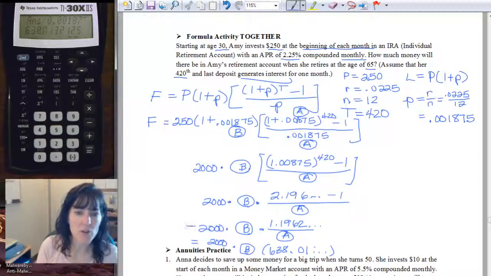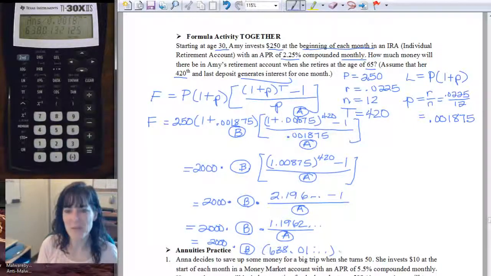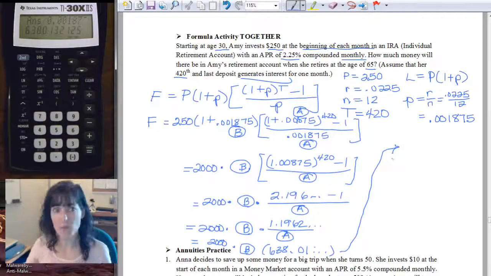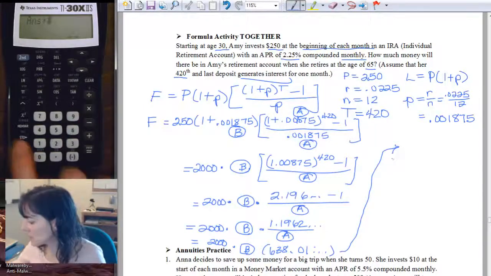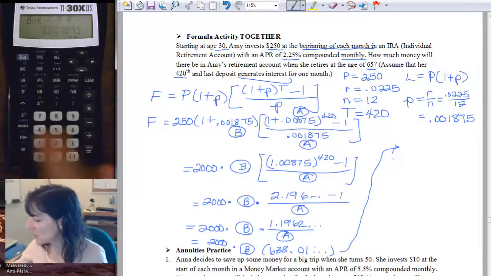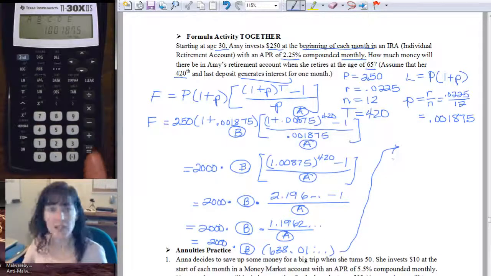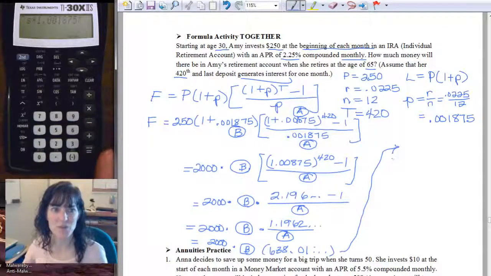Remember, these are all equals F, so just put the equals at least so we can see that. And I'll go ahead and try to write all these out for you. So we have that 638.01 sitting on the calculator. So times, and I'm going to have to recall again. So second store, move over to the B, and that gives me the 1.001875. So enter.